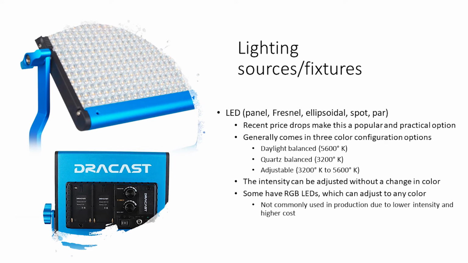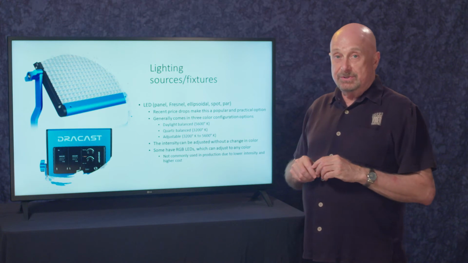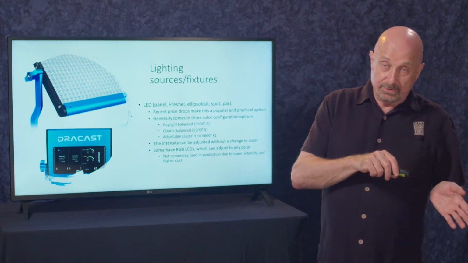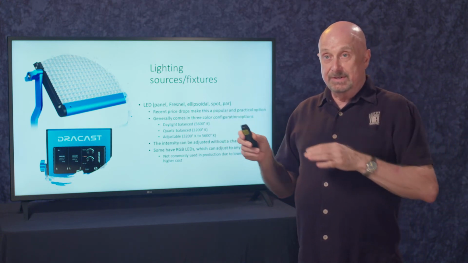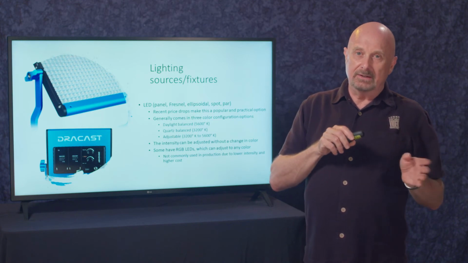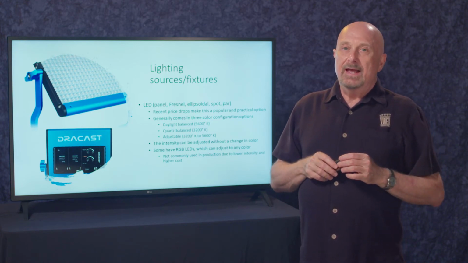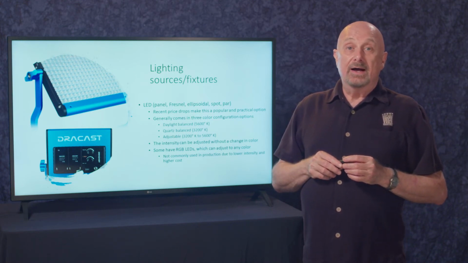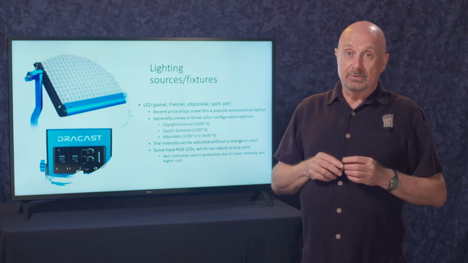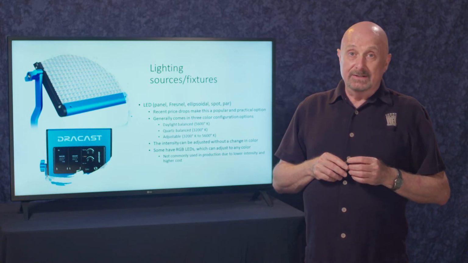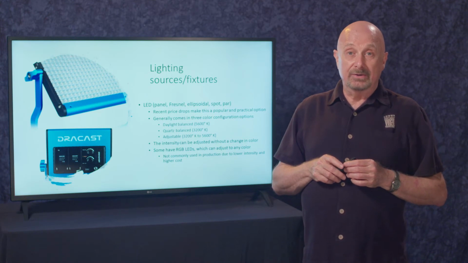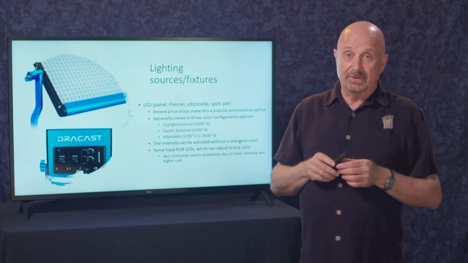They typically come in two different color temperatures, either 5,600 or 3,200. And then there are adjustable ones that are 3,200 to 5,600. Actually, sometimes they go down a little lower than 3,200. And then there's another type which uses red, green, and blue LEDs, so you can set just about any color you want, which is great for some special effects.